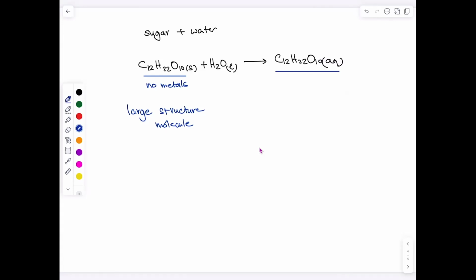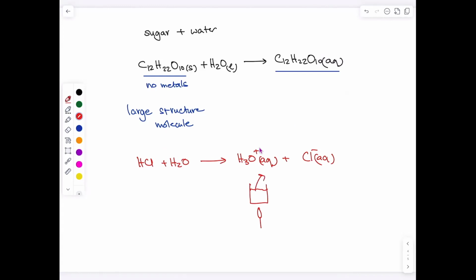vapor off. Like if I go back to this acid, the hydrogen chloride reacts with water, and that gives us hydronium ions and chloride ions in aqueous solution. If you take this substance and heat it up in a beaker, everything will vapor off.